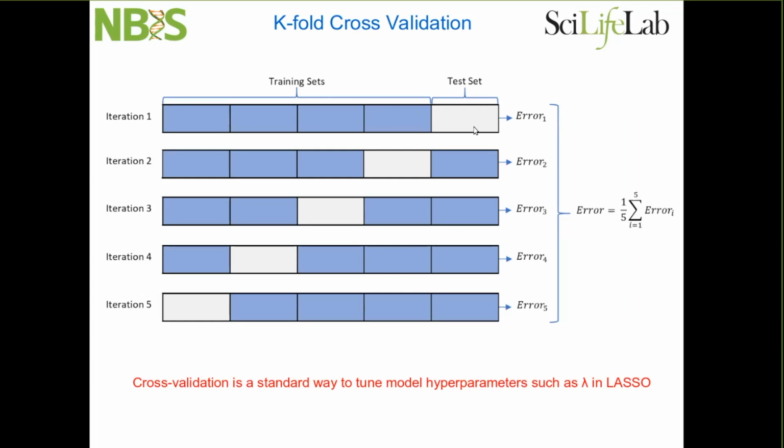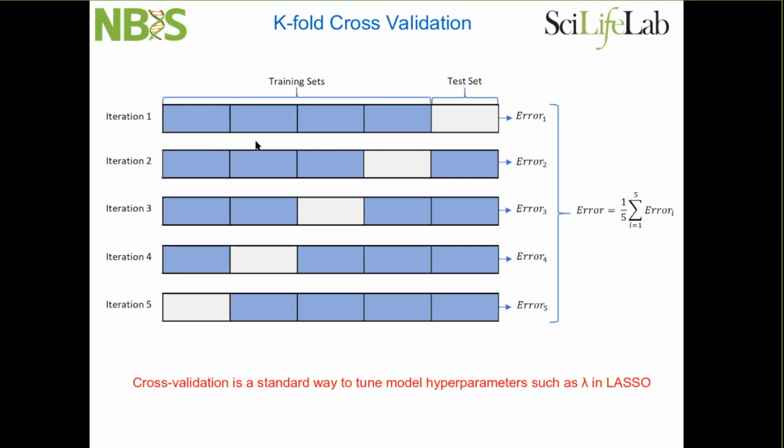Then you compare your predicted labels. For example, I predict whether my sample is male or female based on gene expression. I don't know the truth, but I predict that based on gene expression this sample looks like a male. Then I can compare my prediction with the true label and compute an error. My model will always be a little bit wrong, but I can minimize this error. You compute the error once, then you do another split, another iteration.